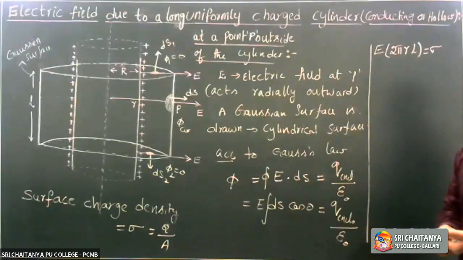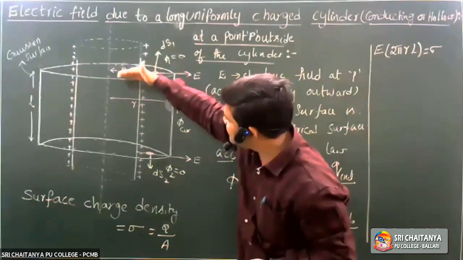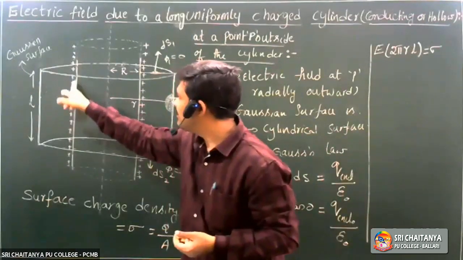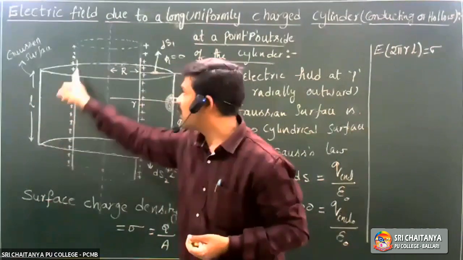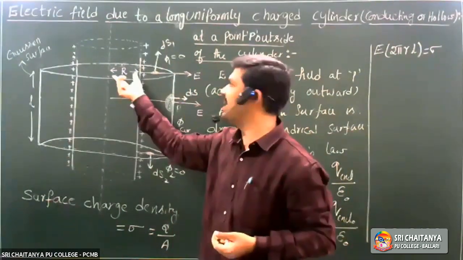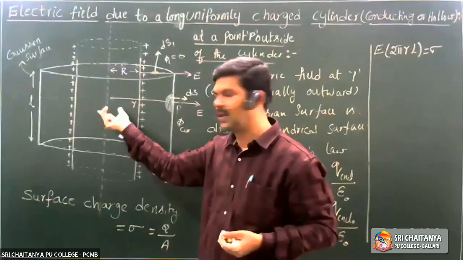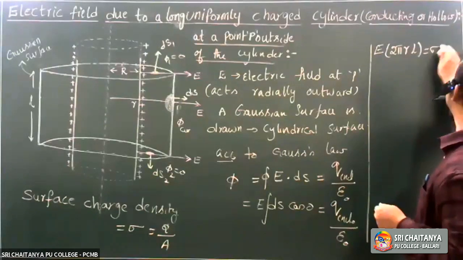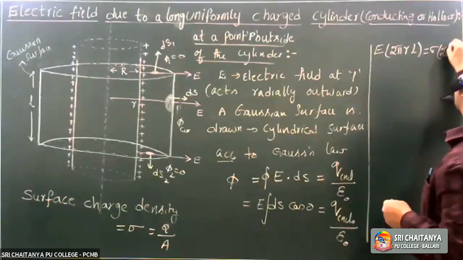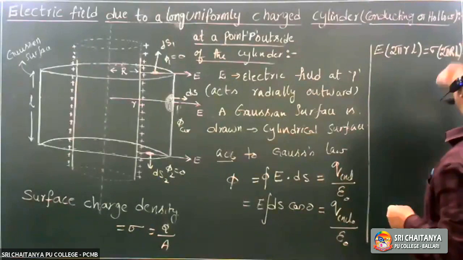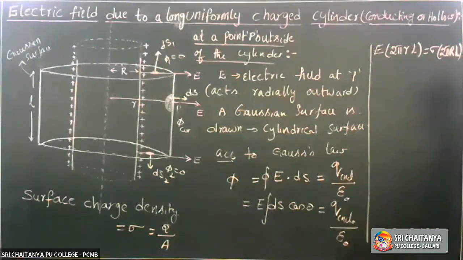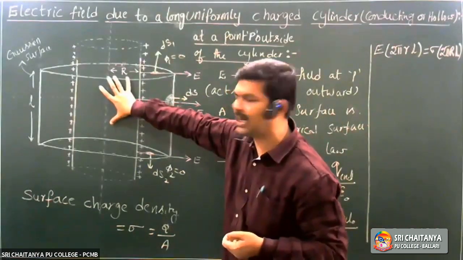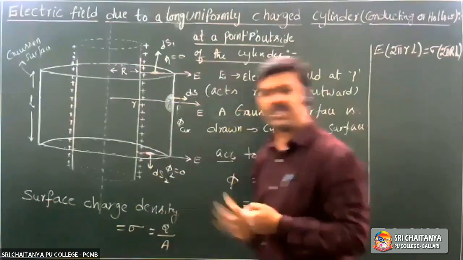What is the area of this cylinder enclosed? Its length is L because only an L part of it is enclosed. Its radius is R. It is a hollow cylinder. Then what is its area? Sigma into 2 pi capital R into L. Is this point clear? Charge enclosed is the area of the cylinder enclosed into charge density.